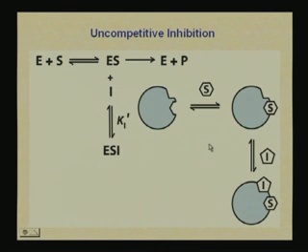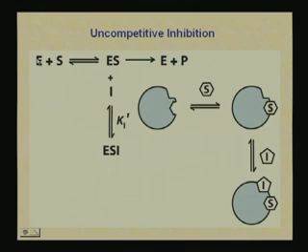Okay. Now, uncompetitive inhibition. What is uncompetitive inhibition? Uncompetitive inhibition does not react with the enzyme at all. There is no complex between the enzyme and this inhibitor. This inhibitor only reacts with the enzyme substrate complex. So, after the enzyme substrate complex is formed, will this inhibitor act?